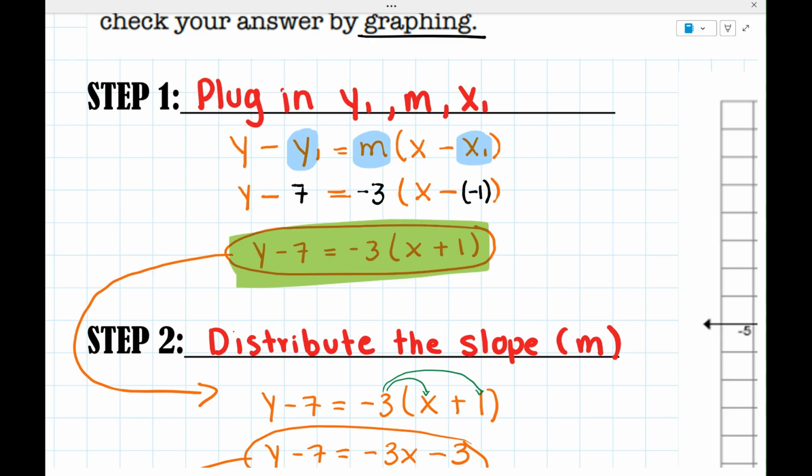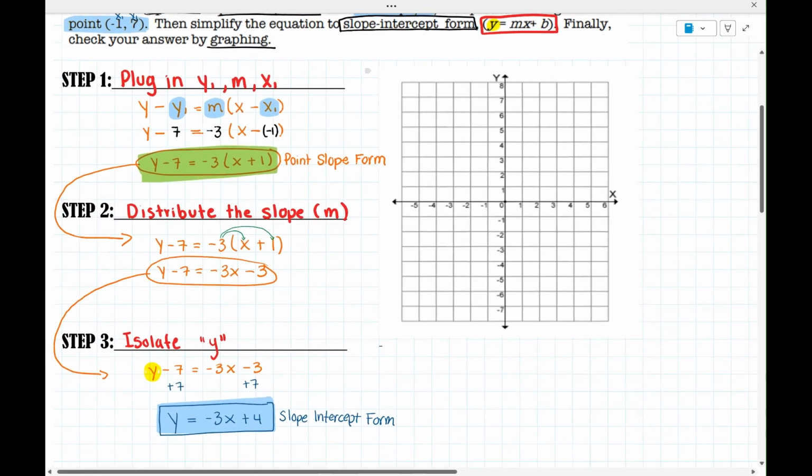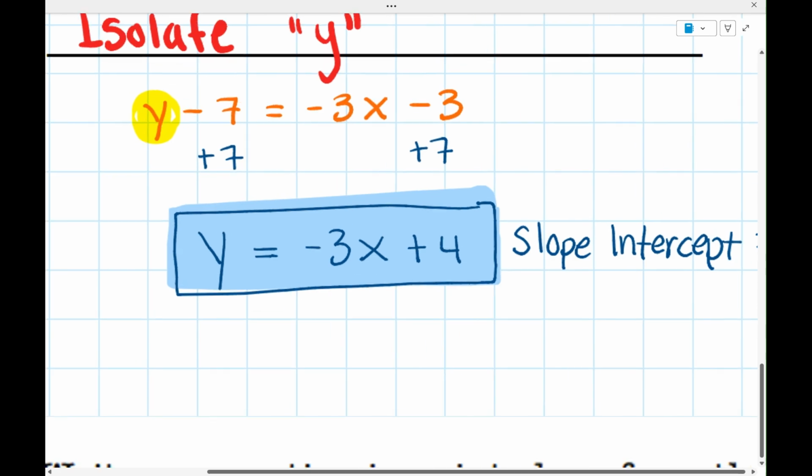So those two equations are exactly the same line, but they're written differently. So the very last thing we have to do here is check our two equations graphically.